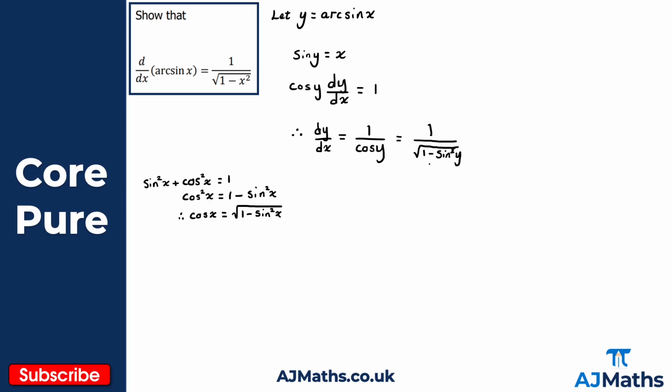We know that sine y is equal to x, so sine squared y is x squared, and this is equal to 1 over the square root of 1 minus x squared, as required. Notice we've now got what we want. That is the derivation of one of our standard results, and that gives us the solution to question 1.